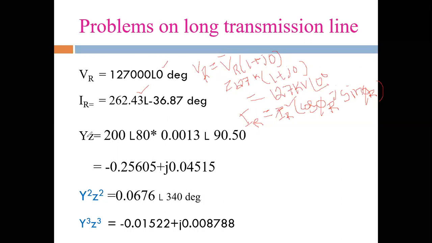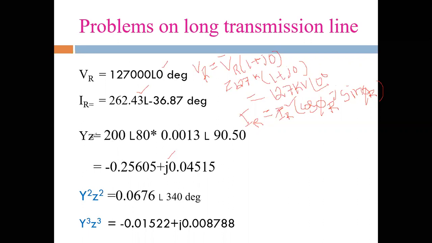Next we calculate the YZ. We already have the given data, that is Y and also Z. Substitute the Y value and Z value. After that, we multiply Y into Z and then we obtain these values. Then we calculate Y square Z square, and after that Y cube Z cube.